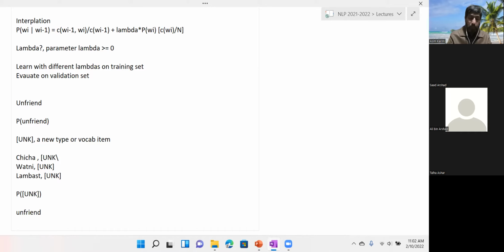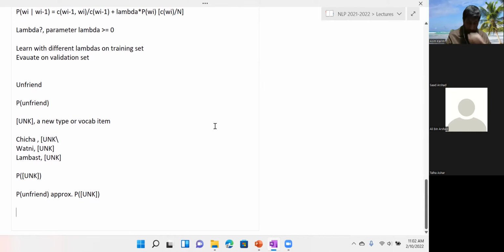For unfriend, you approximate the probability of unfriend with the probability of UNK, which you already have from the training set. So this is one way of handling out of vocabulary words in the test set, out of vocabulary words that appear in your application. So I think I'll stop here.